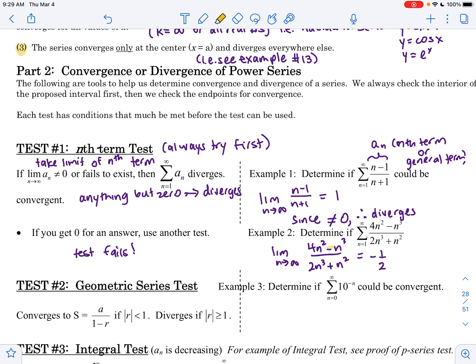Again, that comes from the -1 here and the 2 here of the highest and leading term of the top and the bottom. And then since -1/2 is not equal to 0, therefore your series diverges. And sometimes they'll ask you, by what test do you know that? And you would say by the nth term test.